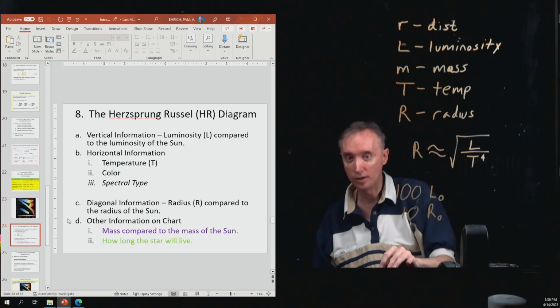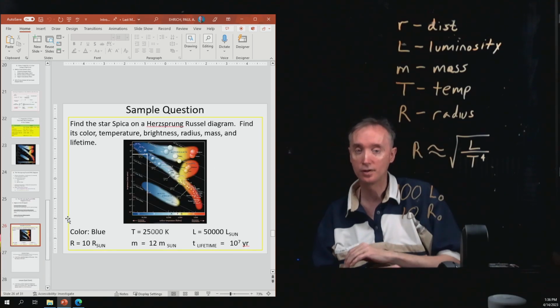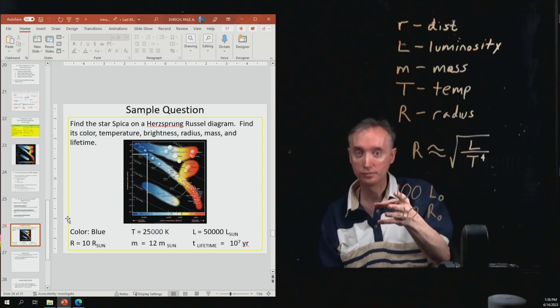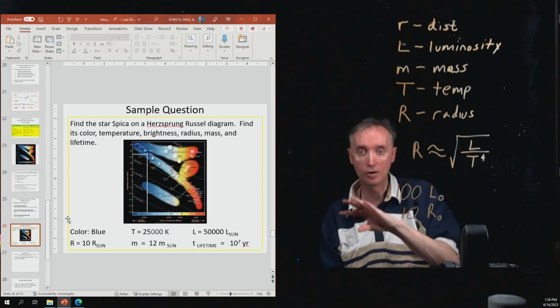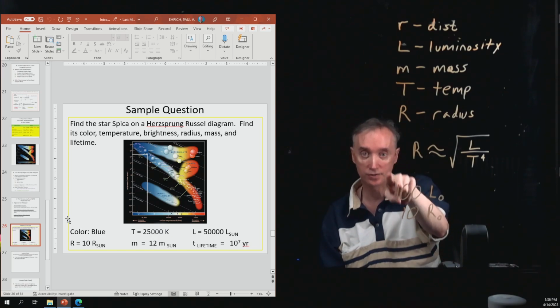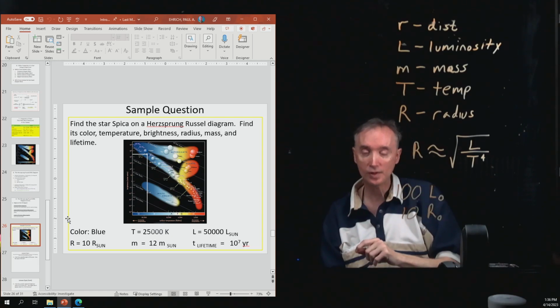So on the exam, I could do a question like this, where I give you the name of the star, and I'll even point to it on the HR diagram. And then you tell me all the properties of that star. So for example, Spica is a star that's up there at the top, and you're going to tell me all of its characteristics.